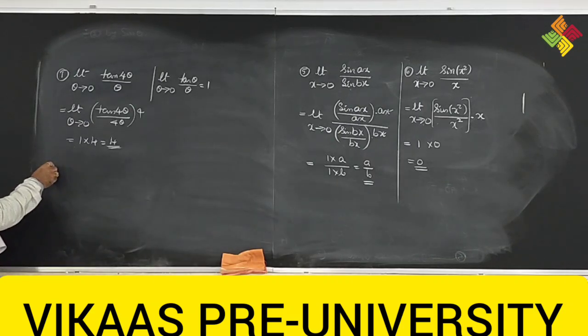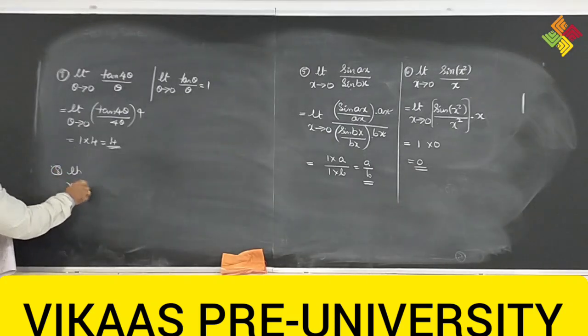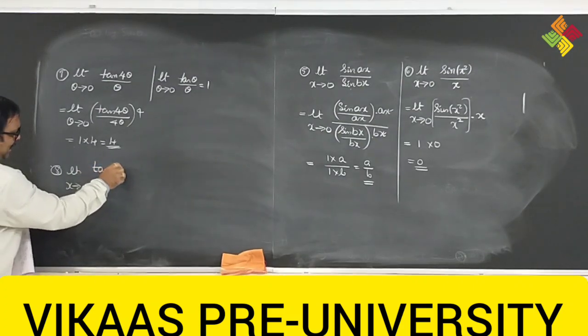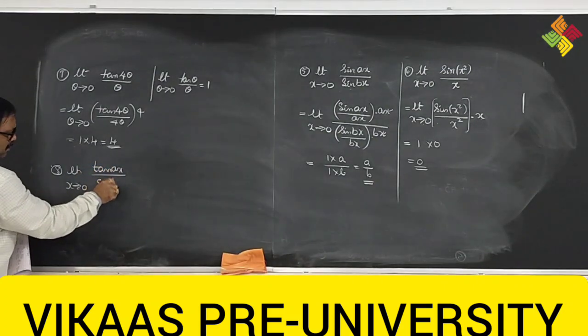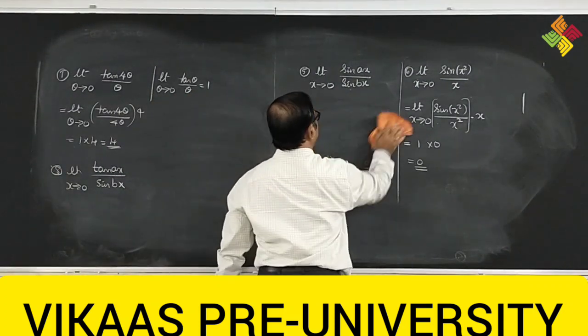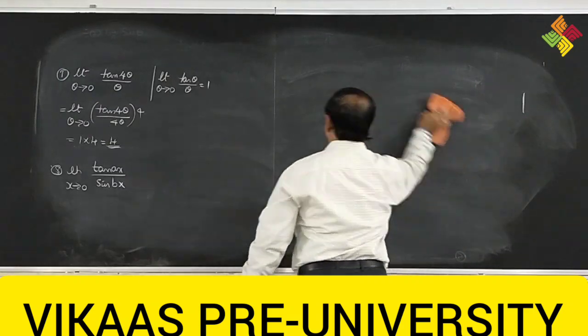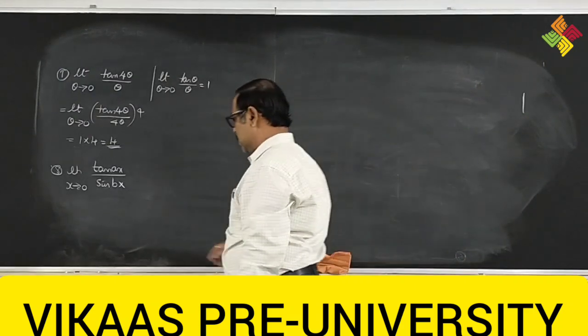Now, I will give you another example. Limit x tending to 0 tan ax by sin bx. Come on. How do you work this out?